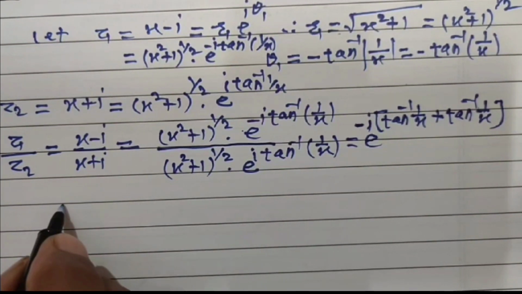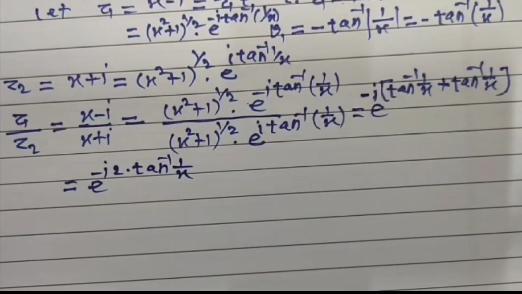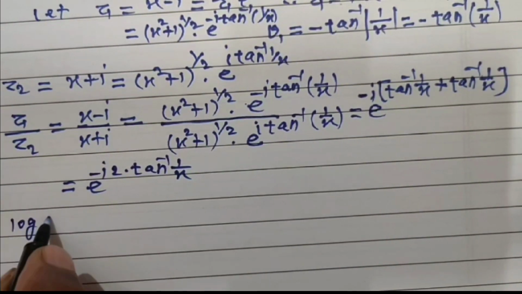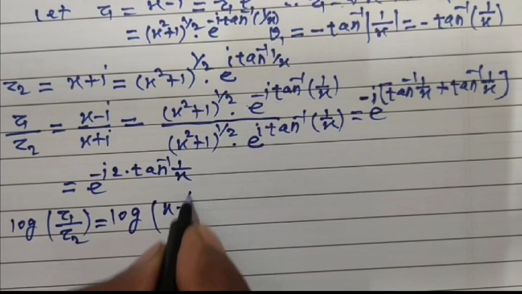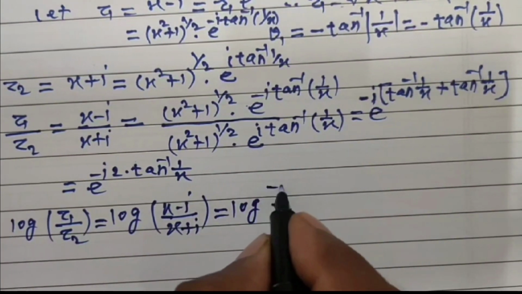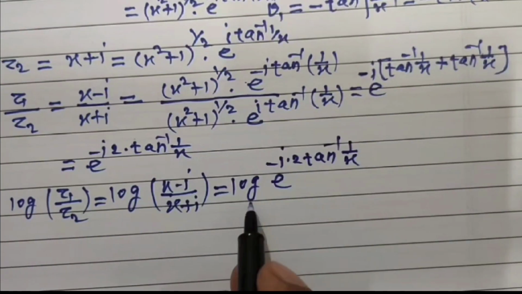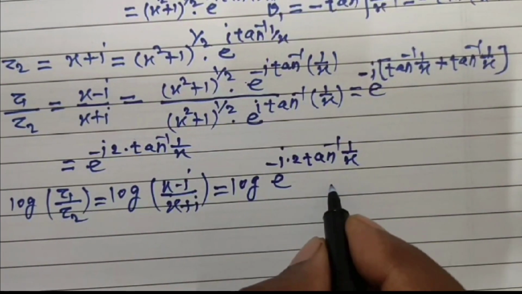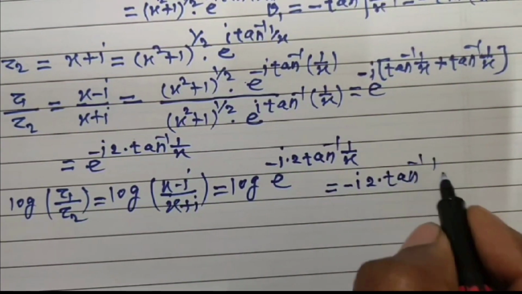This can be written as e to the power minus i 2 times tan inverse 1 upon x. Now taking log of z1 upon z2, logarithm of (x minus i) divided by (x plus i) is equal to logarithm of e to the power minus i into 2 times tan inverse 1 upon x. Applying the property of logarithm, remains only minus i into 2 times tan inverse 1 upon x.